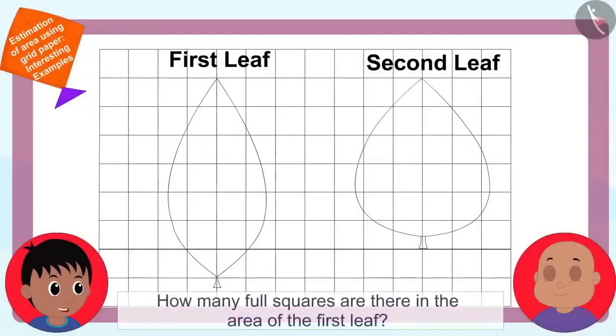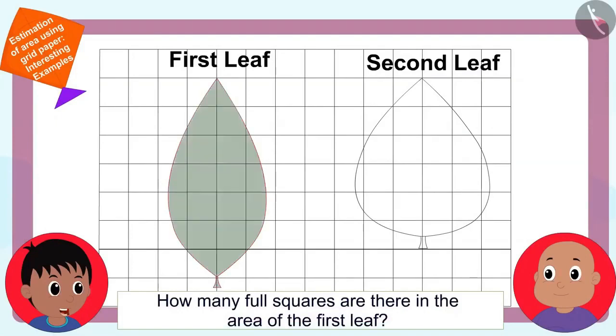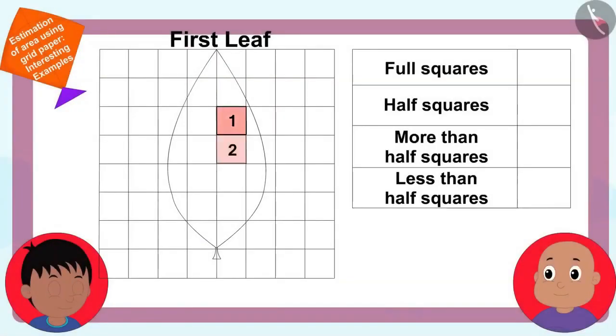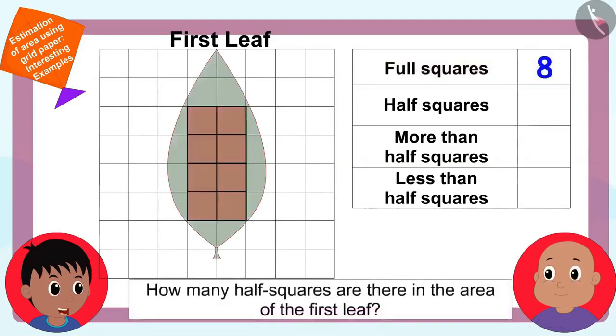Can you tell me how many full squares are there in the area of the first leaf? Raju asked Bablu. 8 squares. Bablu quickly counted. Raju wrote down the number of full squares in this way. Now, can you tell me how many half squares are there in the area of the first leaf?